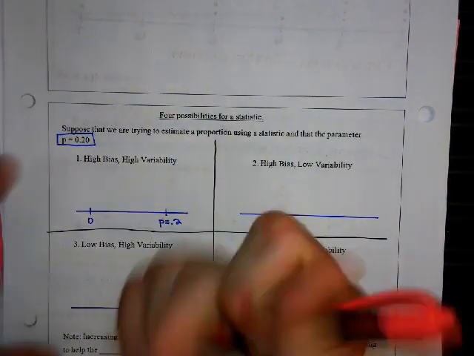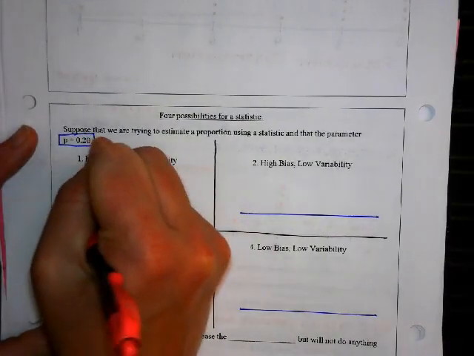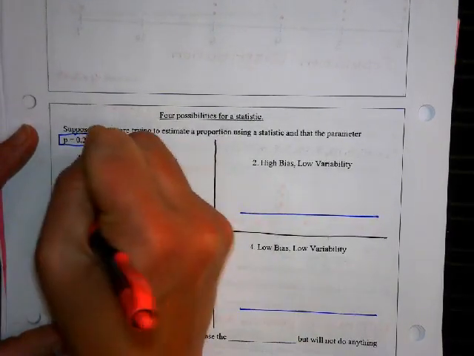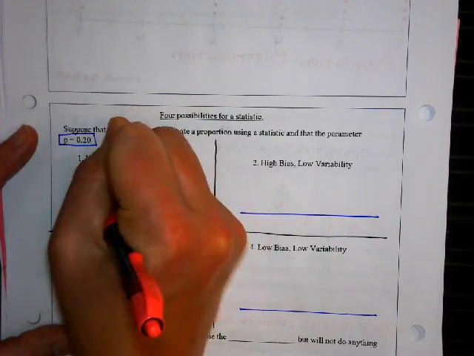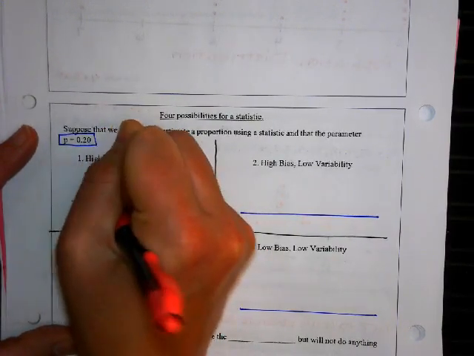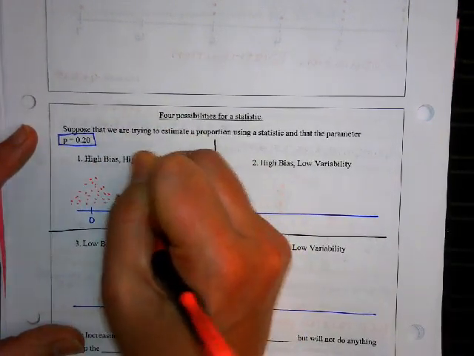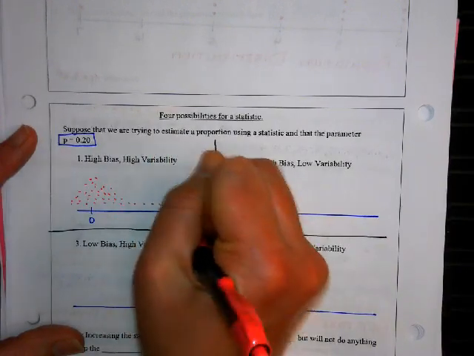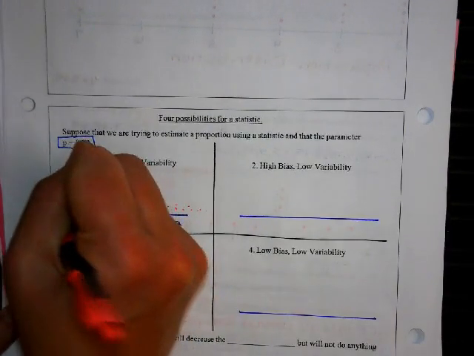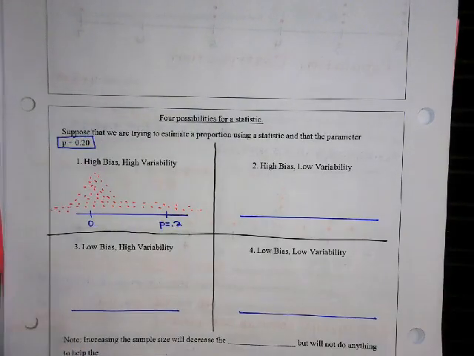So we have a lot of data there. And then the high variability would mean that we just have a lot of spread. So we may even go past 0.2, and we have data all the way everywhere. We could even go lower into the negatives. High variability, big spread of data. High bias, the center of our data is not where it should be. In this case, we underestimated the parameter.